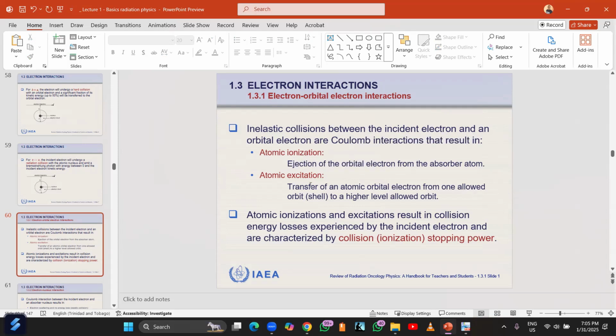Or there can be a transfer of one orbital electron from one orbit to a higher level orbit without ejection. So let's say an electron in the K or L shell can be excited to a higher M shell, but not being completely ejected from the atom.